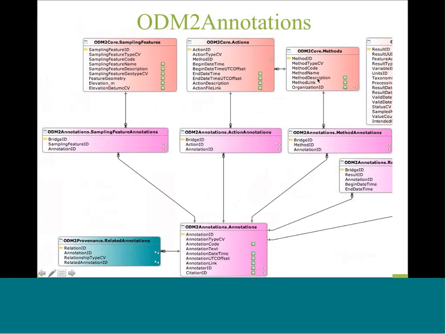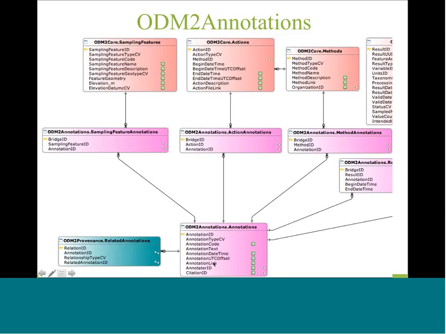But let's say you want to say that this action that used that method, that something happened and we modified the method slightly. You don't necessarily modify the whole method, but you just say, well, we did this slightly different thing when we applied that method. So you could have a note attached to that action. And there's one table in the entire database in which all notes are stored. And they can have links to external files, such as photographs.